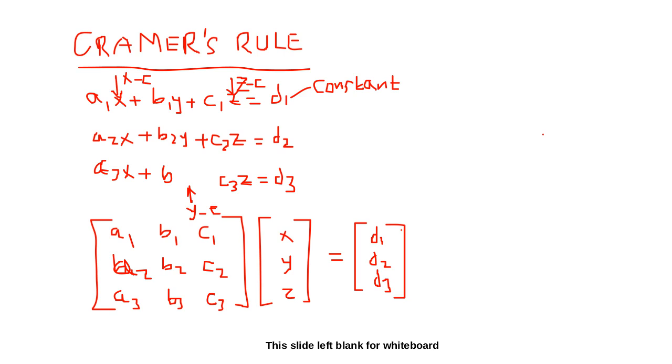Now for Cramer's rule, what we do is that we need to look at each column of the coefficient matrix.